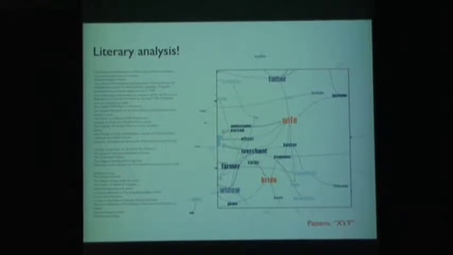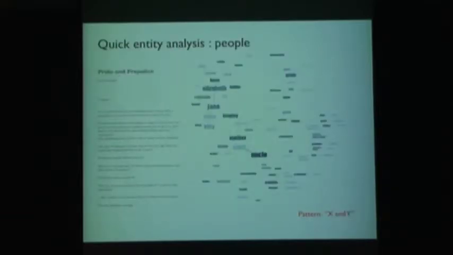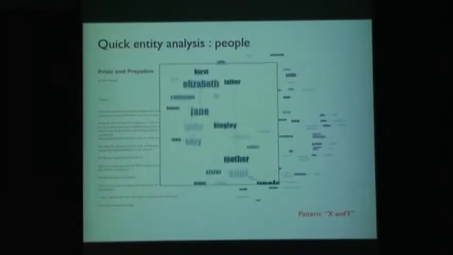The other thing you can do is, let's look at a novel. Let's look at Pride and Prejudice. Just by doing the pattern X and Y, I have a bunch of very different, interesting clusters. So, for instance, I have the social network. I have the cluster of characters.